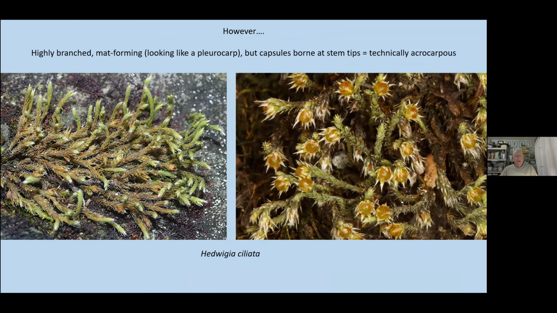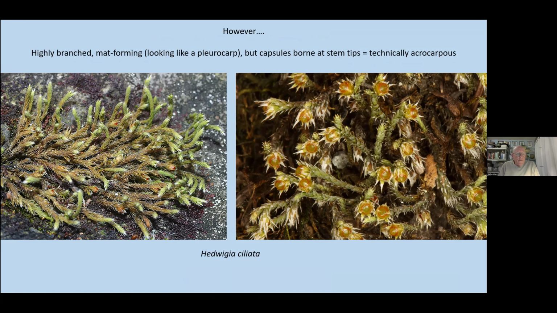However, here you've got a highly branched moss, lots of branches creeping across the rock. It looks very pleurocarpous. But very definitely here, at the ends of all these branches are the reproductive structures. So this would technically be an acrocarpous moss, and I believe that's how it's treated by most workers.